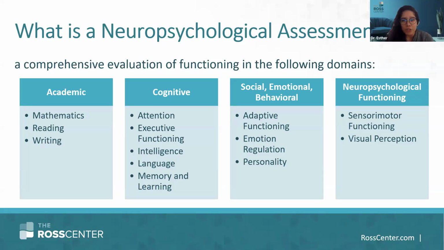And finally, there could be additional neuropsychological functioning tasks that look at other abilities, including sensory motor functioning or visual perception. So this can include tasks where one looks at visual stimuli and we examine how that contributes to one's sensory motor processing, or one's ability to, for example, use their hands to write things on paper and pencil.